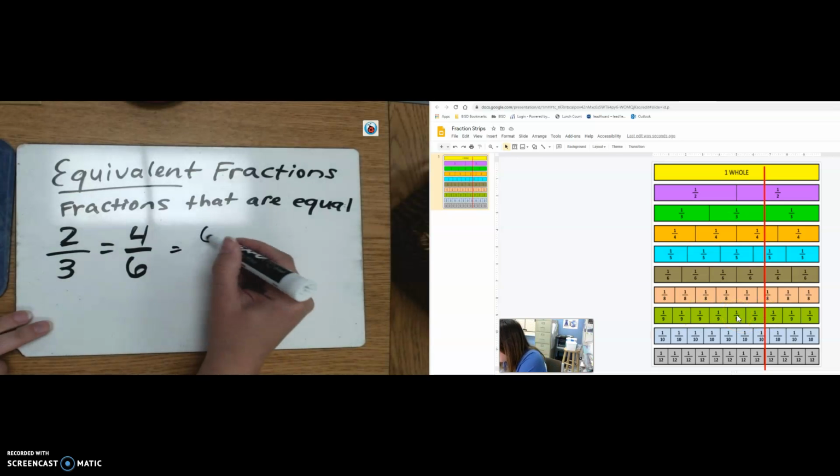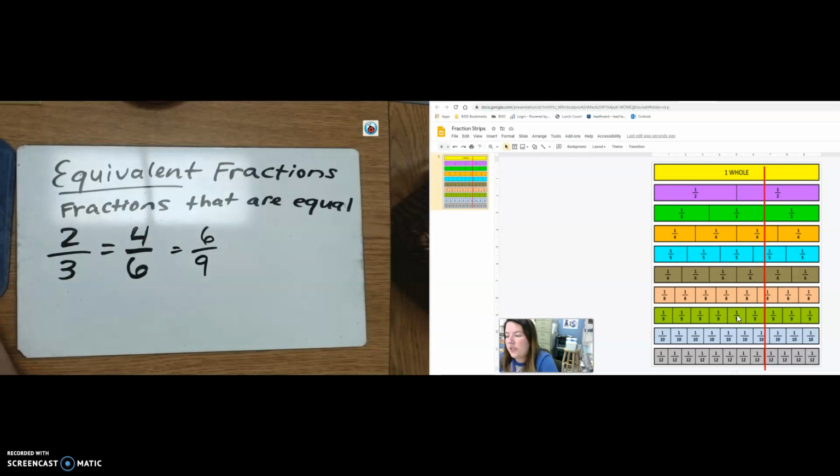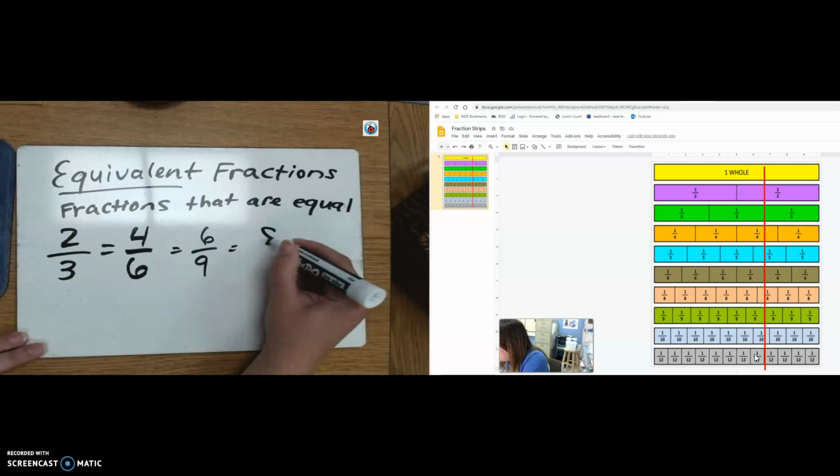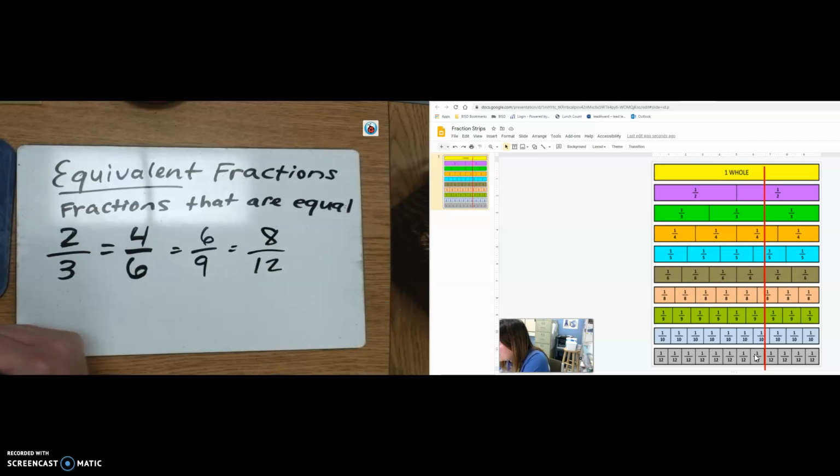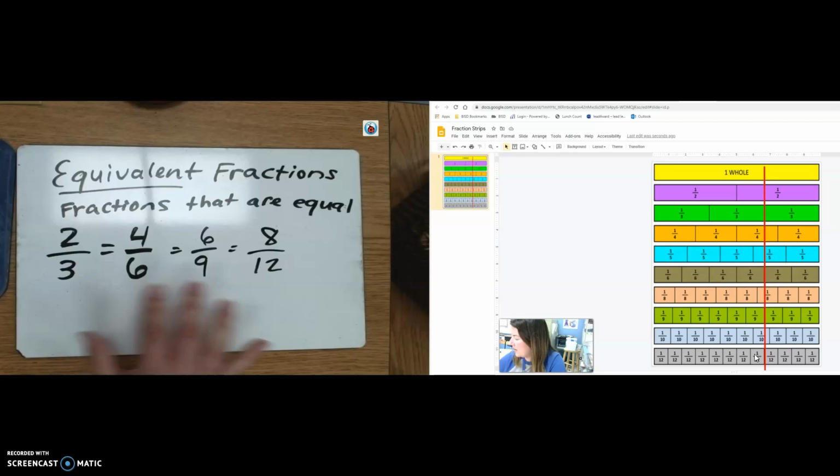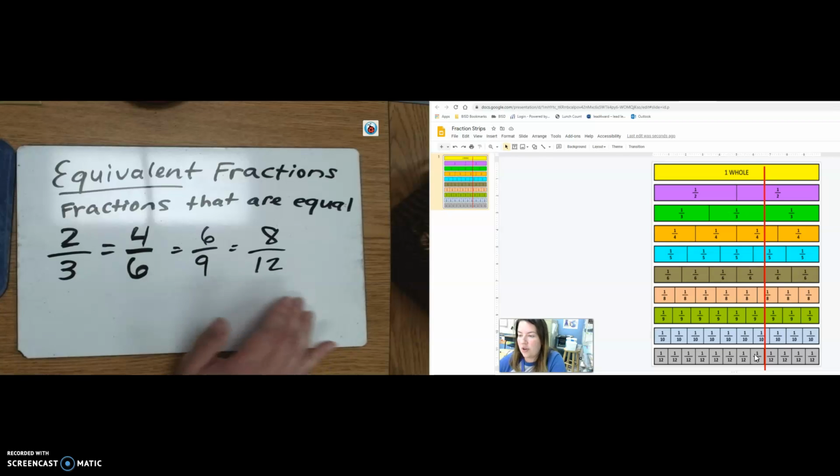So 6 9ths is equal to 2/3. And then how many 12ths? 1, 2, 3, 4, 5, 6, 7, 8 12ths. 8 12ths is equivalent to 2/3. Any of these are all the same fraction. They're all the same number, just with different names. They are the same size piece.